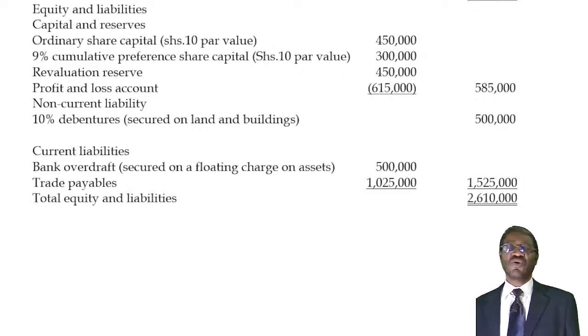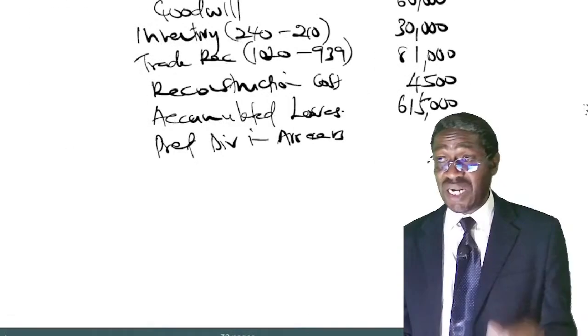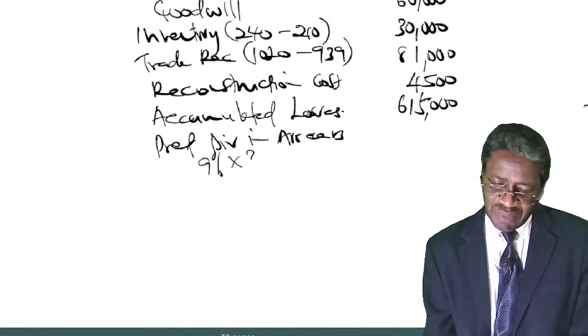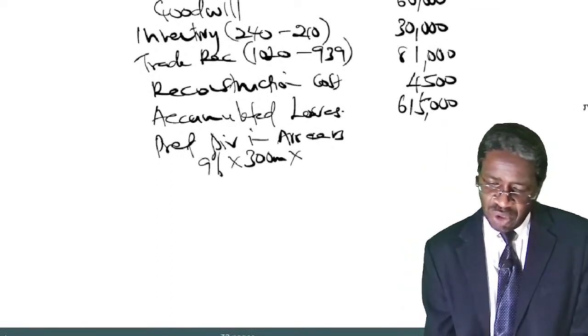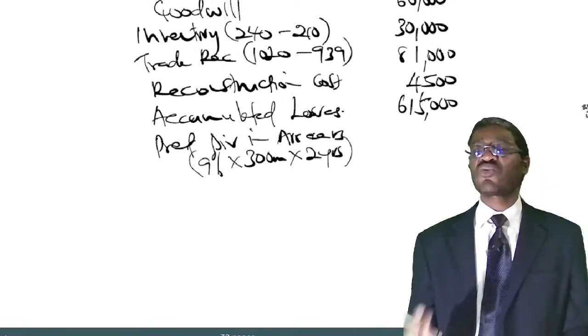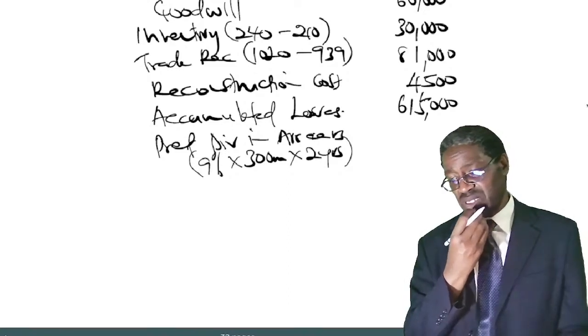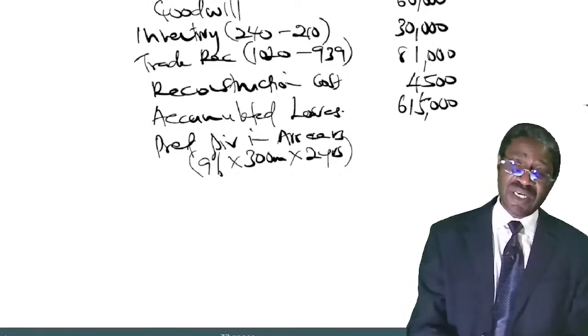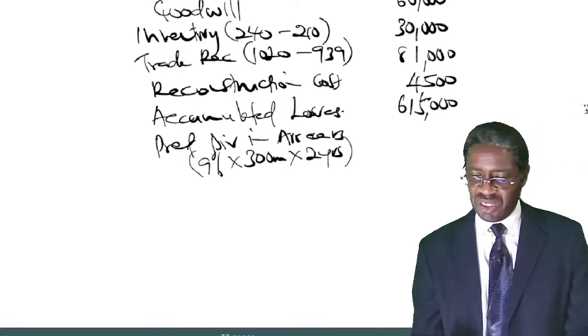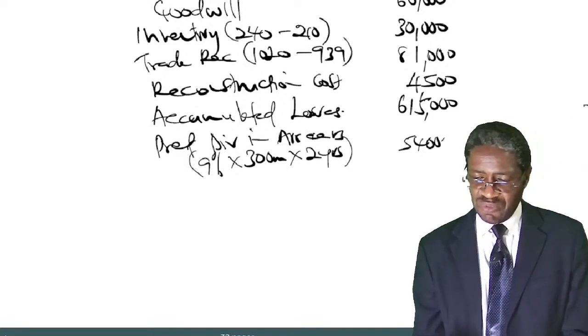So if the rate of dividend is 9% per annum, it will be 9% multiplied by 300 million, multiplied by 2 years. We are told preference dividends were 2 years in arrears. So every year they normally earn 9%. So what is 9% of 300 million? I multiply that by 2 years. That comes to 54. That comes to 54.